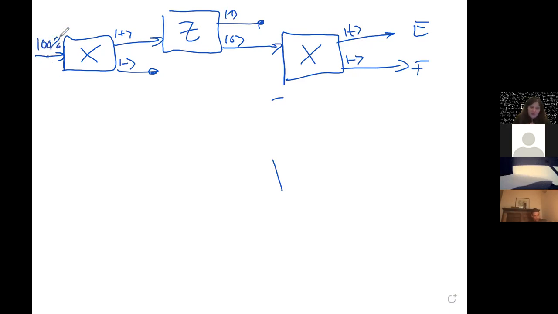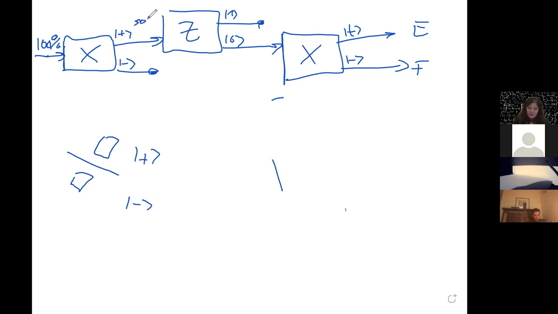So again, we put in all of the electrons we have in our beam. Then we have the first Stern-Gerlach experiment in the X basis, where it's either plus or minus.